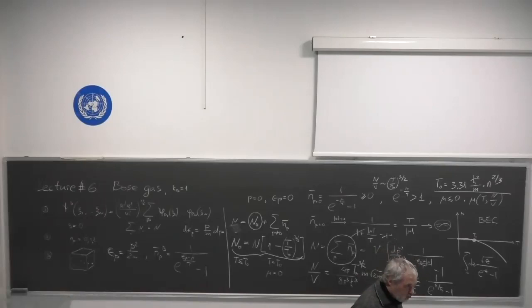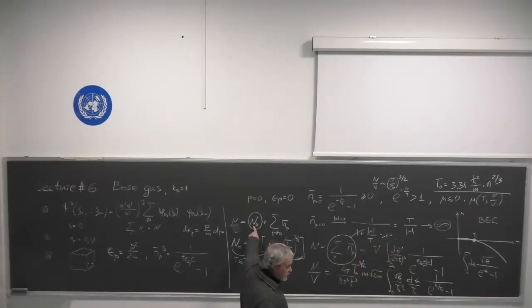And in order to resolve this paradox, I was saying that the paradox was connected to the fact that I erroneously treated this sum. I replaced this sum by an integral for temperature smaller than T0. But I'm not allowed to do it because I have the Bose-Einstein condensation phenomenon. Namely, there is a macroscopic number of particles occupying the zero momentum state.